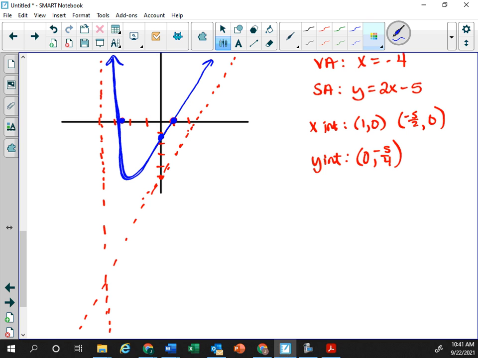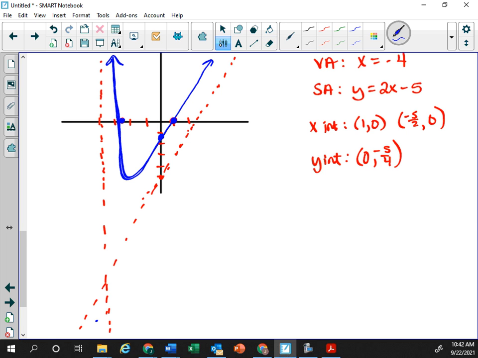So where is the other part of the graph going to be? Is it going to be over here? Is it going to be over here? No, down here? Yeah, okay. If you want, you can of course plug a point in on the left side of that vertical asymptote, so plug in like a -5.